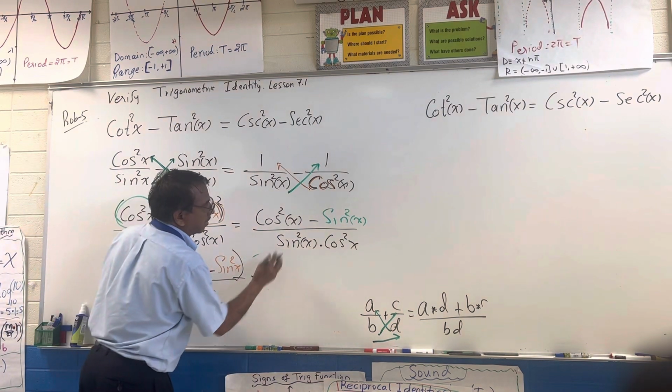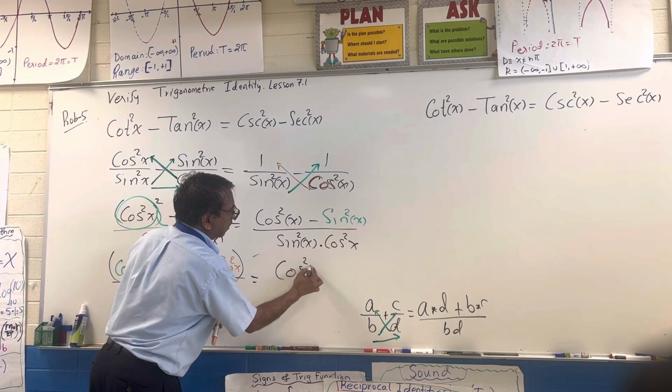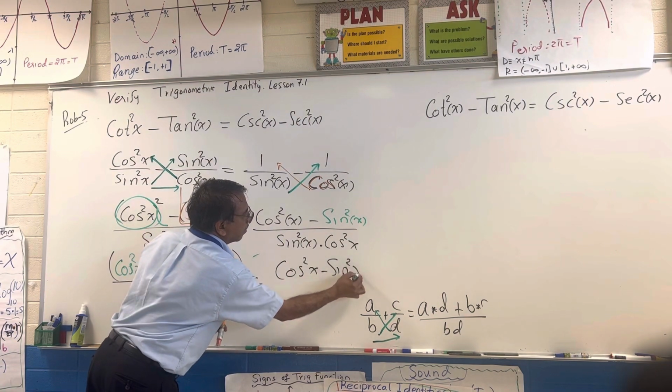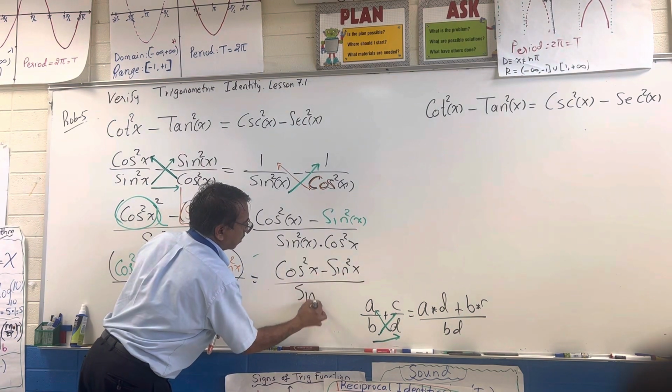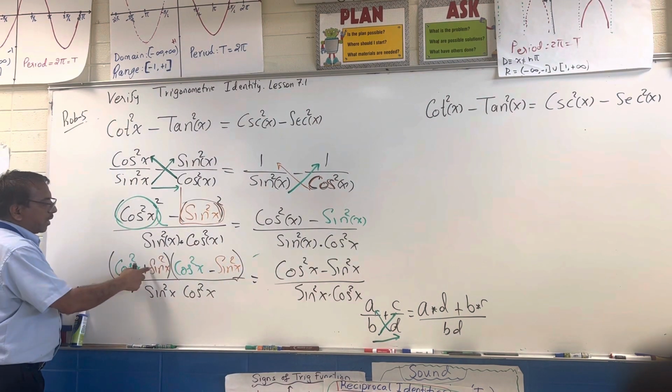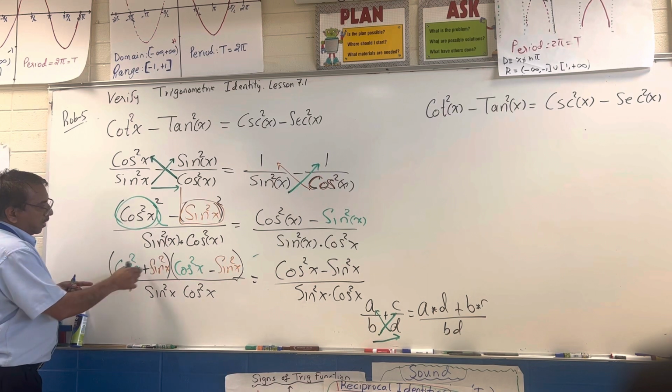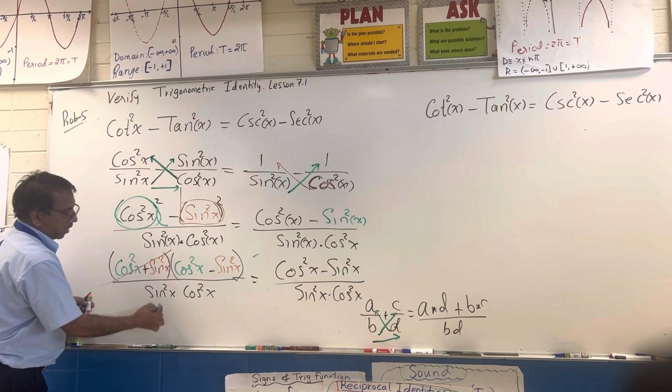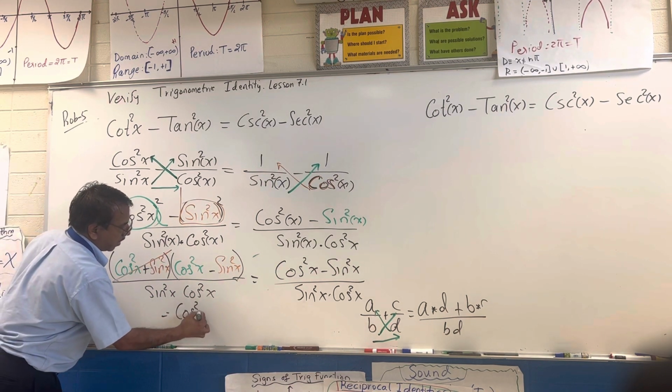And the right side, just keep it as it is, don't do nothing. So this stays the same. But you see here with the Pythagorean formula, this thing will be 1. So we get directly cosine square of x.